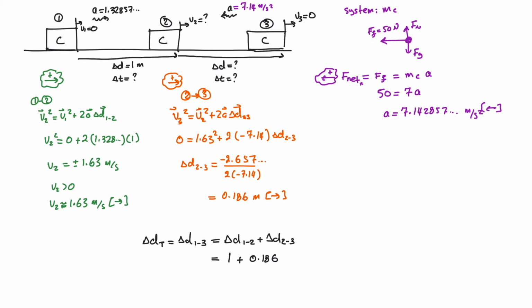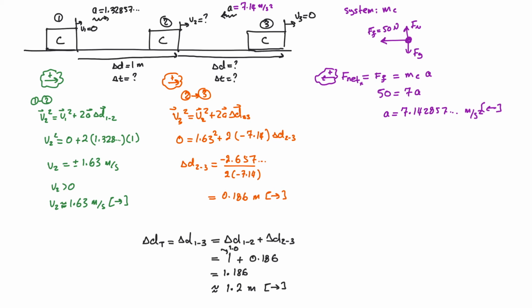It doesn't really matter how many significant figures, but I know this 1 is given to me as 1.0. And when you add two numbers, you always have to leave it to the least number of decimal places. So 1 plus 0.186 will equal 1.186, but approximated to 1.2 meters in the direction right.